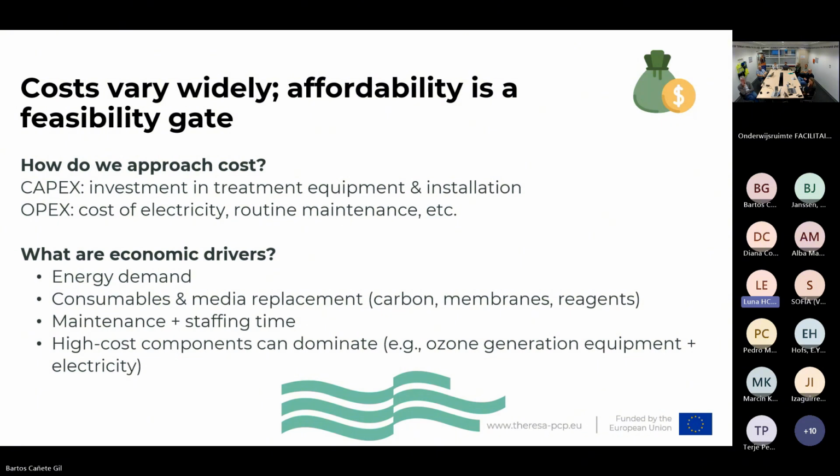We found that energy demand, consumables and media replacement, and maintenance and staffing time, and finally, high-cost components can dominate in specific wastewater treatment technologies, like ozone generation equipment. So all of these drive the economic cost within the treatment. Next slide, please.